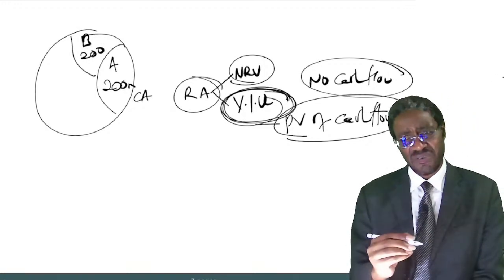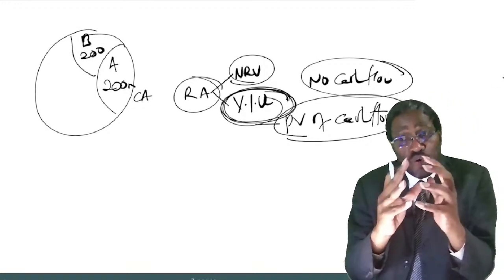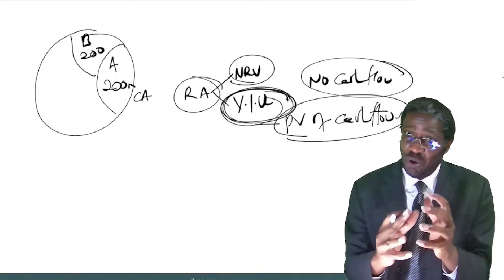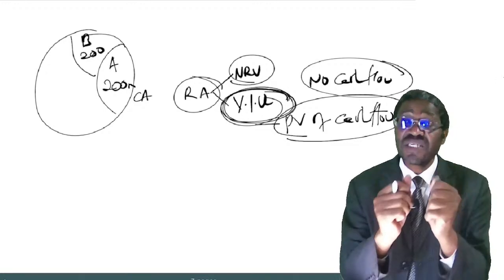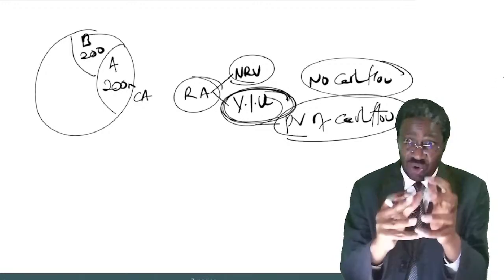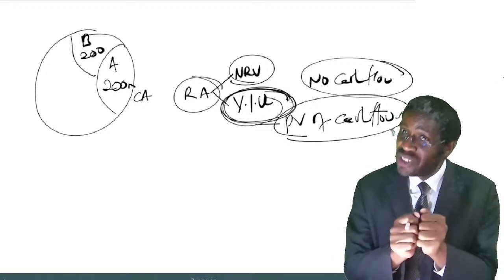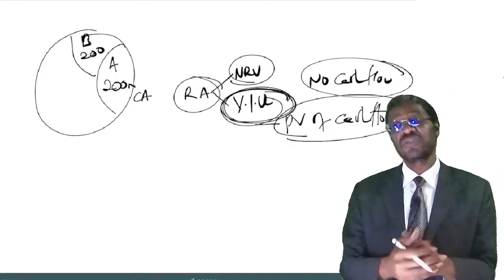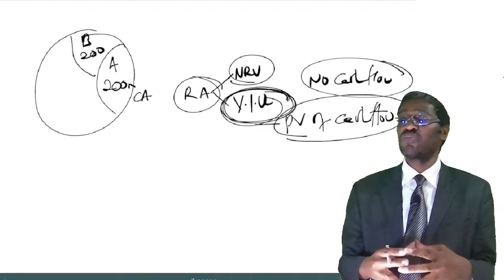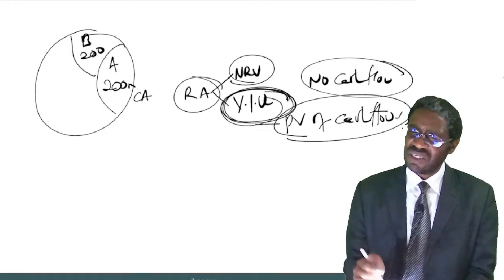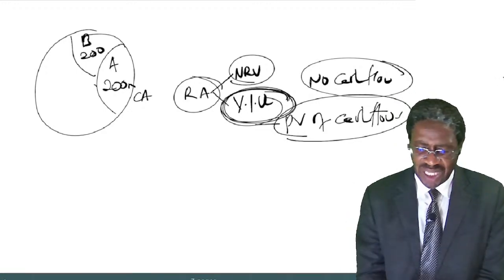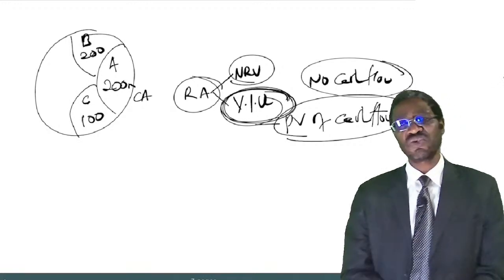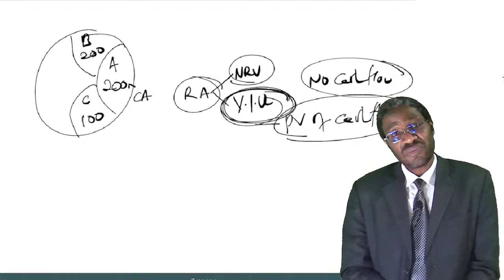I ask myself, as a group of those two assets, can they generate their own independent cash flows? I realize maybe no. Even if I put the two in one group, then I ask myself, what if I add to the group another asset? Let us assume asset C, which could have a carrying amount of 100 million.